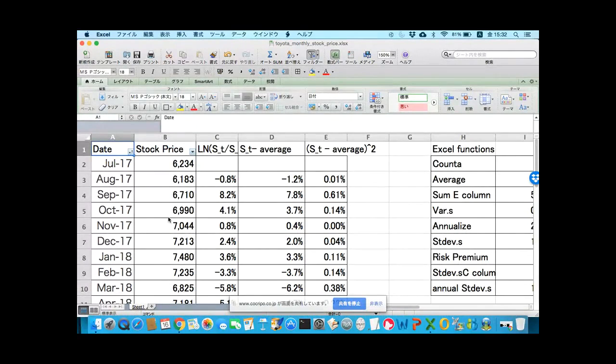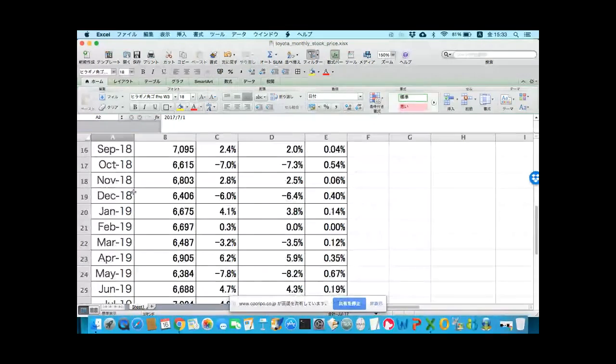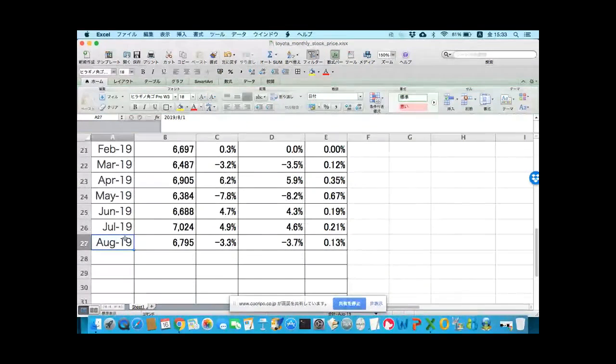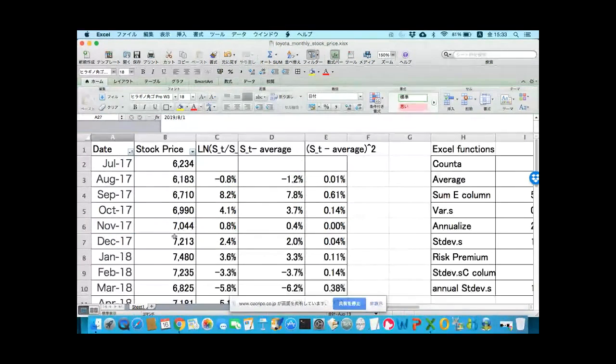I don't know how familiar you are with Microsoft Excel, but all we need is stock price data samples. Here, I prepared Toyota Motors stock price, on a monthly basis from January 2017 to August 2019.